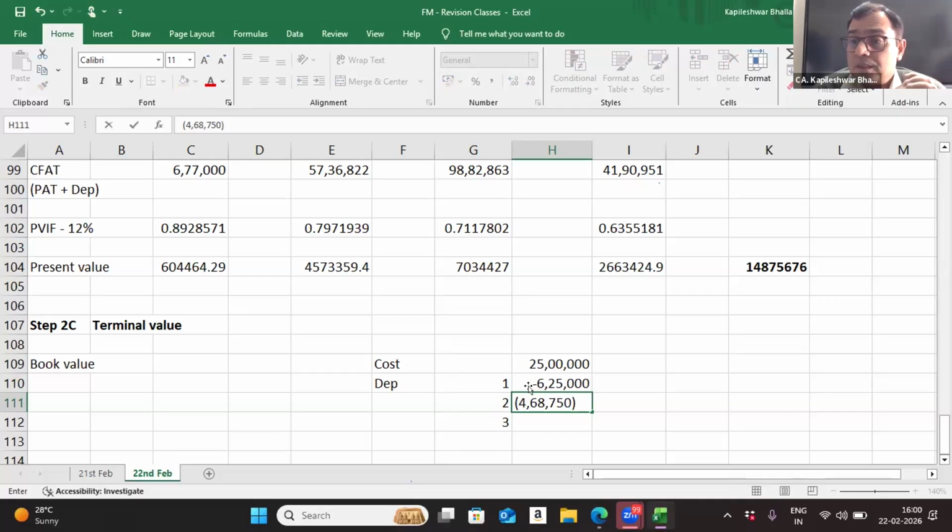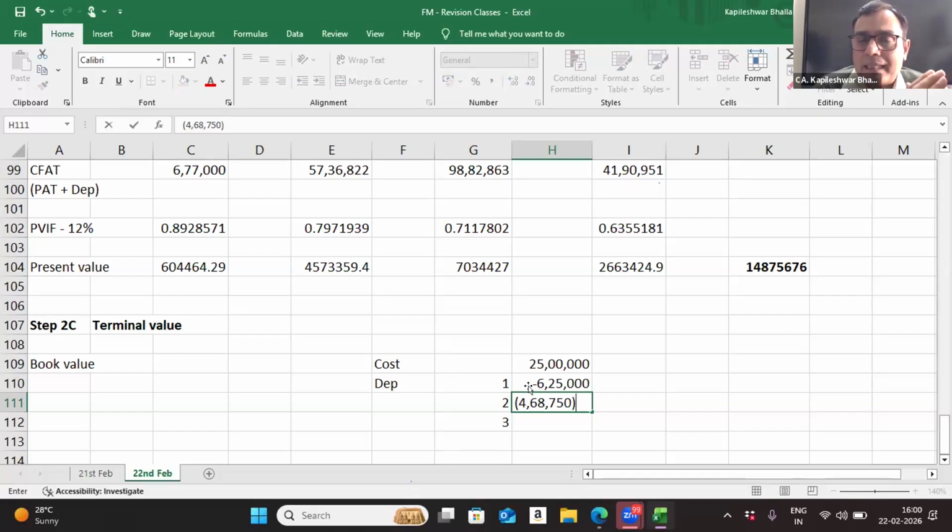In the Kaplan book answer, depreciation is not included. Why? Actually, they've got a different technique of solving the question, and I use a slightly different technique. They consider the impact of depreciation separately, but I do it in the CFAT calculations. They only consider the tax saving on the depreciation.